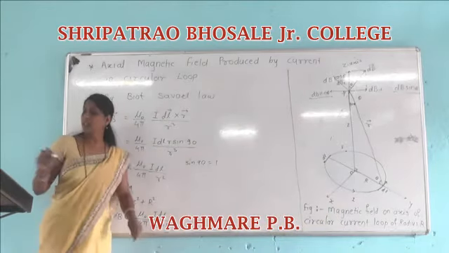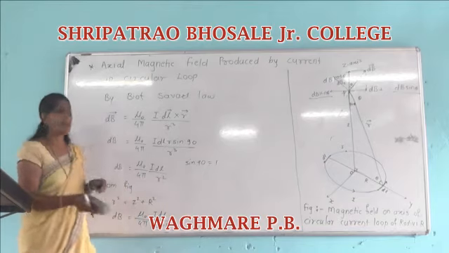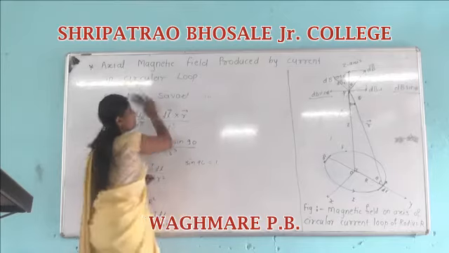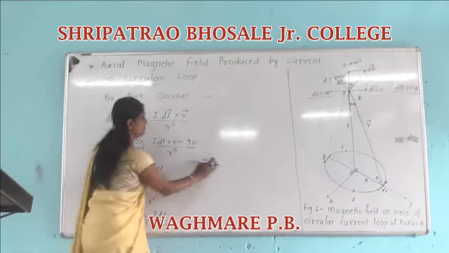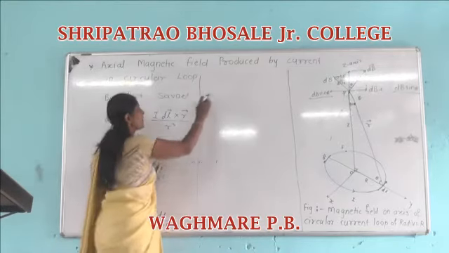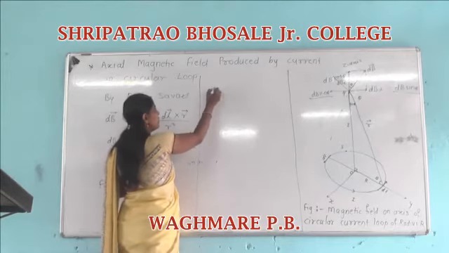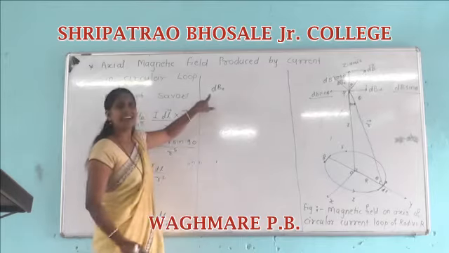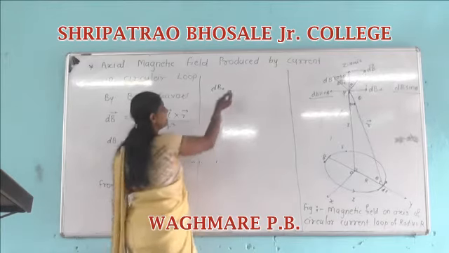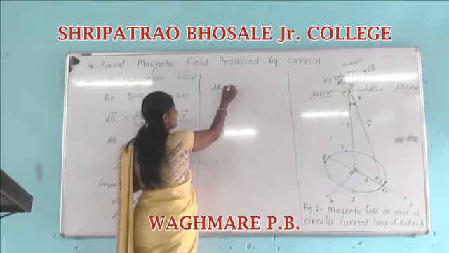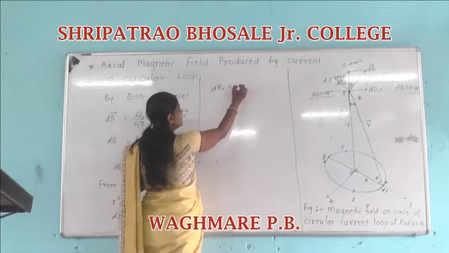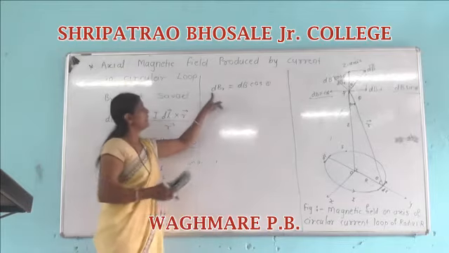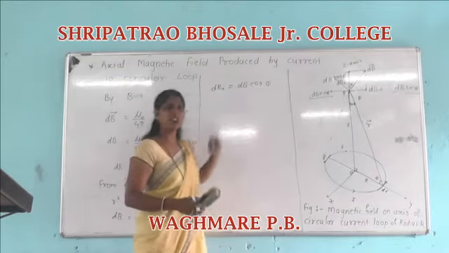Therefore, to find the total magnetic field, we can find it by integrating the dBj. Therefore, dBj is equal to dB cos theta.